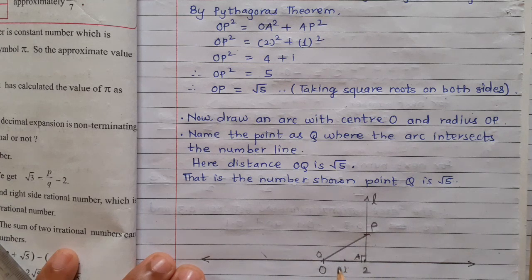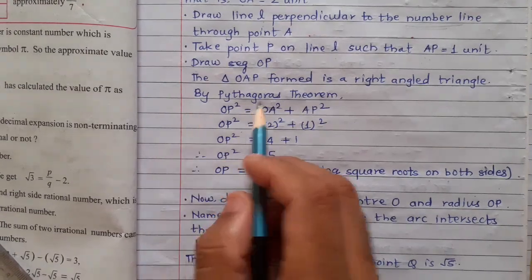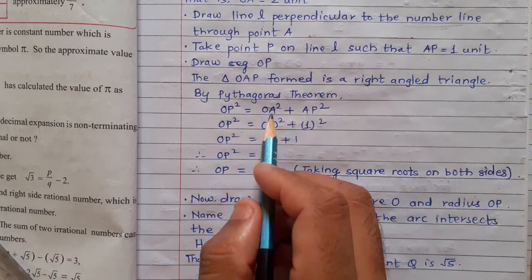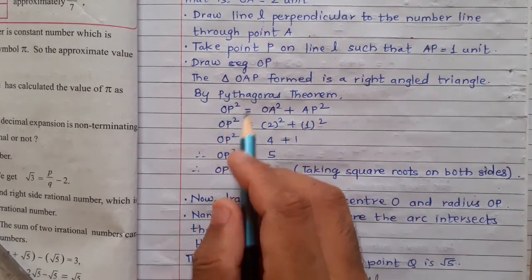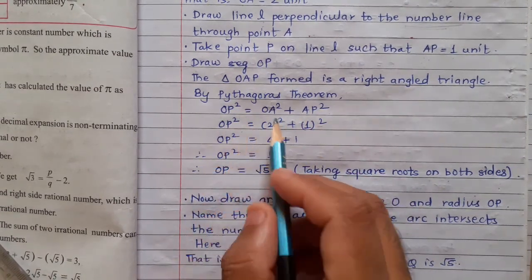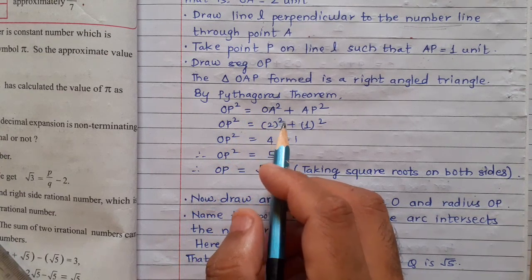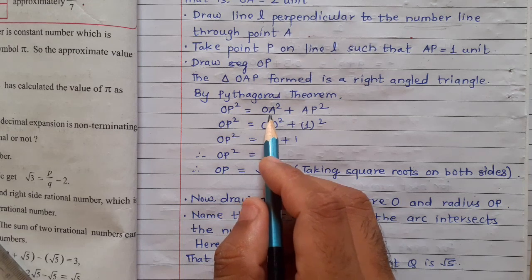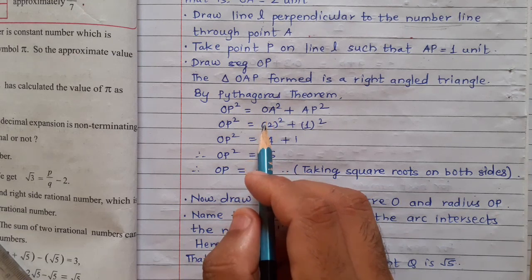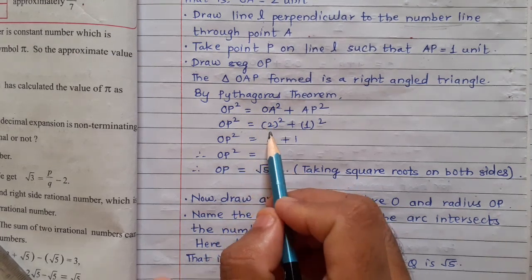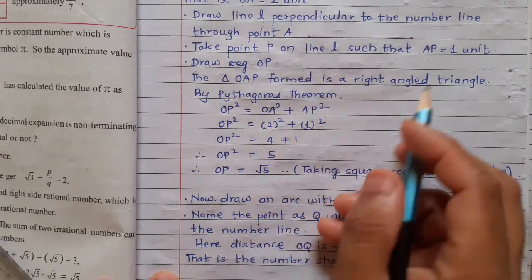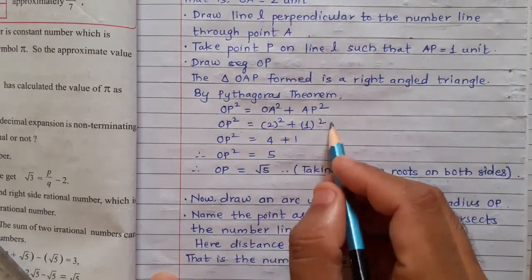So here we can write OP square is equal to OA square plus AP square. OA is equal to 2, so 2 square, plus AP is equal to 1, so 1 square.